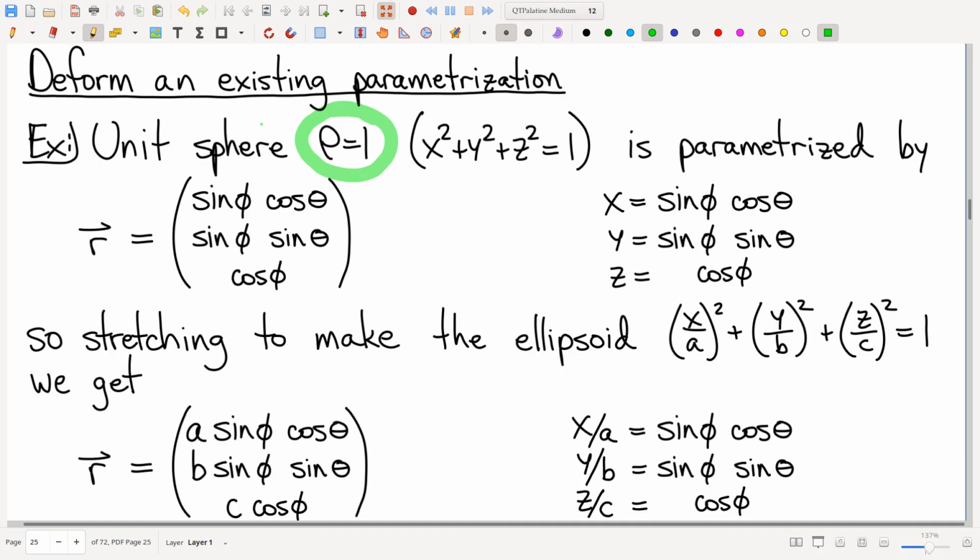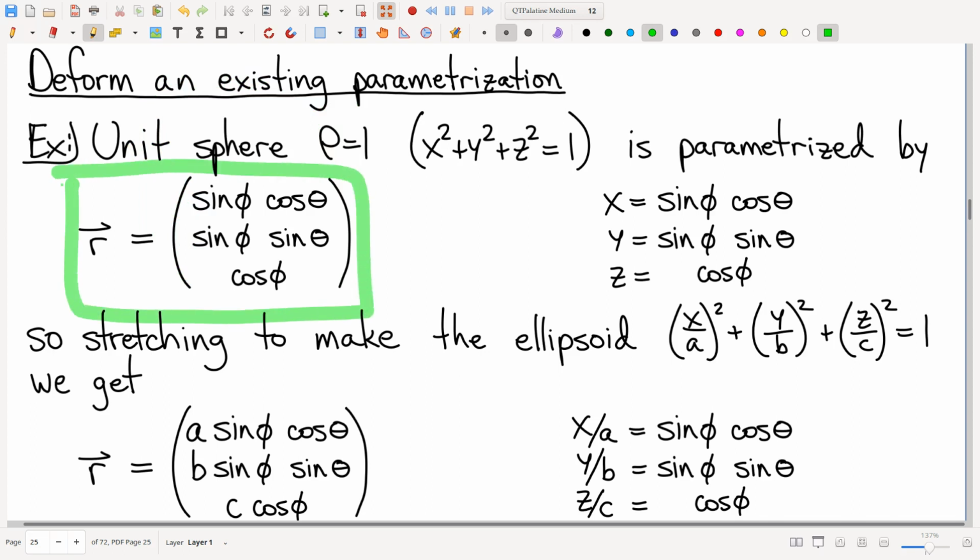I've got rho solved for as a function of phi and theta, a really easy function of phi and theta, but still it's a function of phi and theta. It's perfectly fine. And plugging that in for where rho goes, sure enough, we get a parameterization of the sphere. That's just a flashback to a method we already talked about.